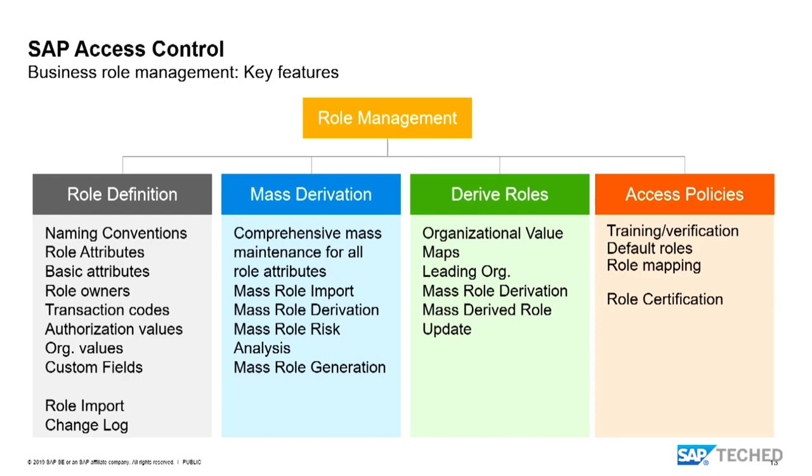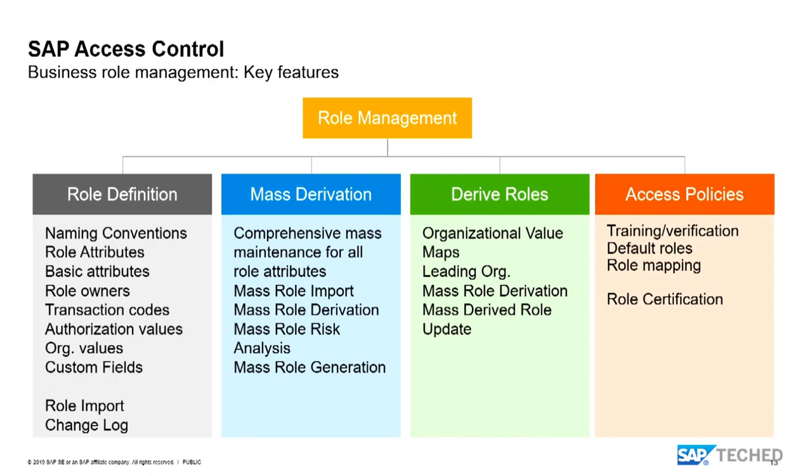You need to define who is the owner of the role, and there are different kinds of owners, as you will see on the next slide. One person might be responsible for defining the content of the role, and another person might be responsible for deciding who is allowed to get that role. It could be the same person, but you can also separate this.